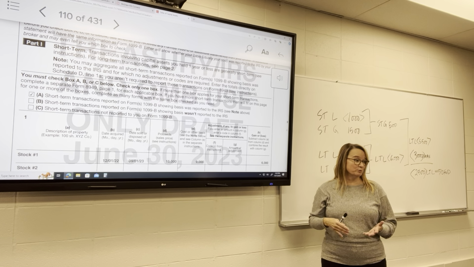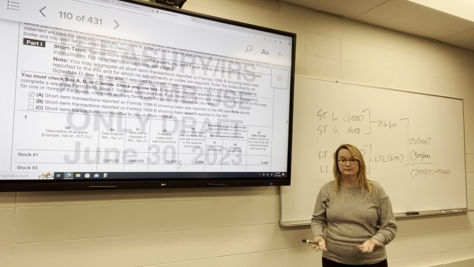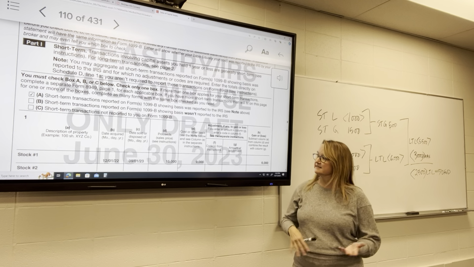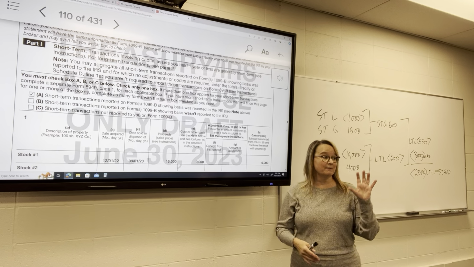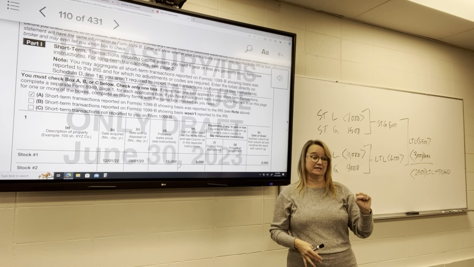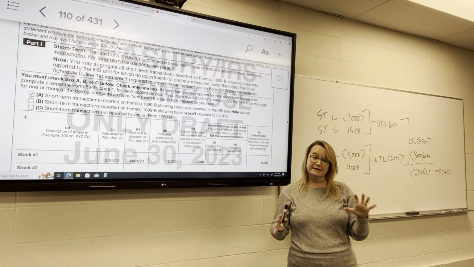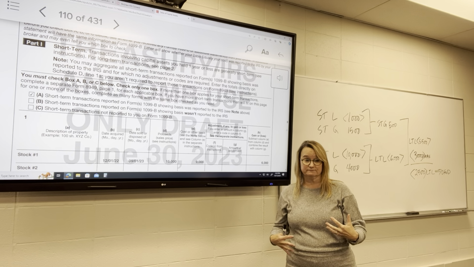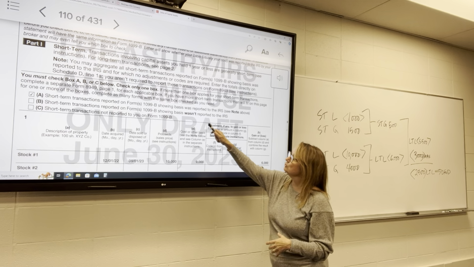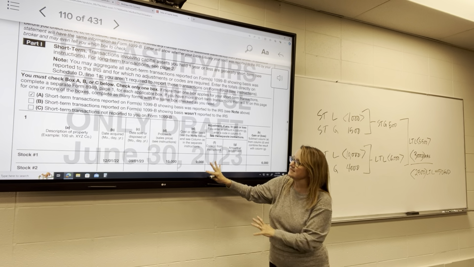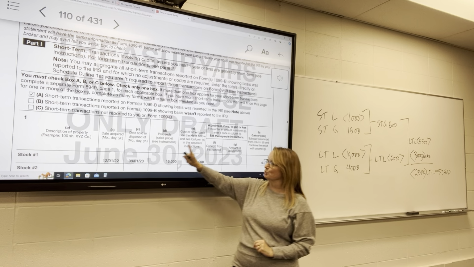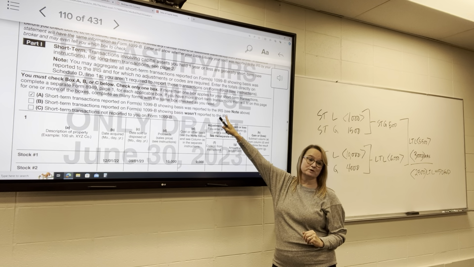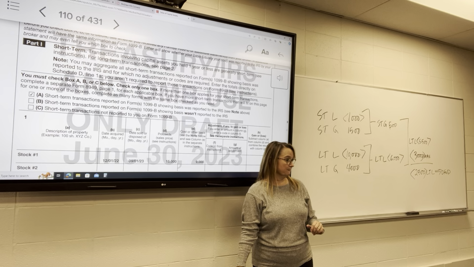So it would be reported if you got a 1099-B and you had short-term transactions and the basis is listed on that 1099-B. It might not be, because if it was an asset that was transferred into the brokerage, they might not have that information. But if it meets those requirements, then every short-term transaction reported on a 1099-B, where the basis was reported, is going to be on this form.